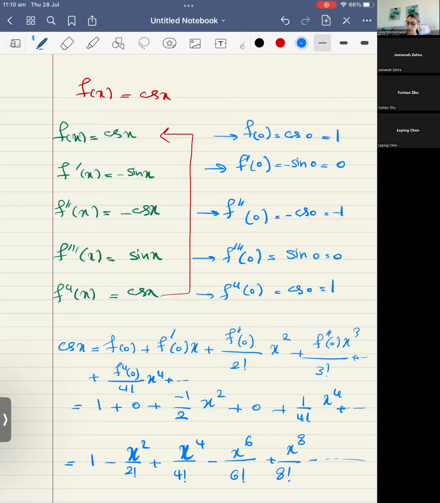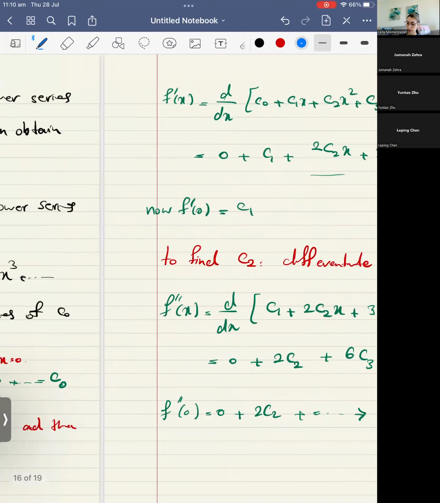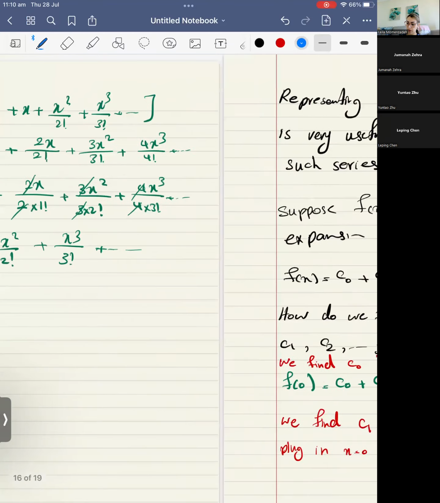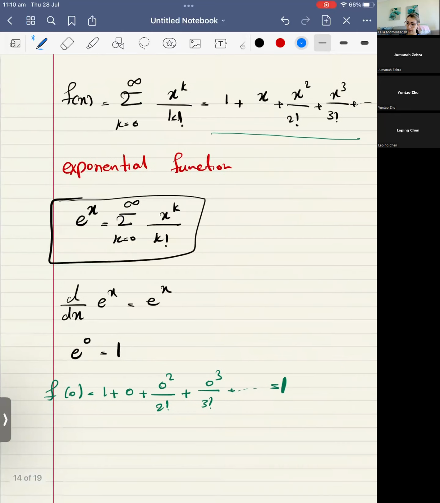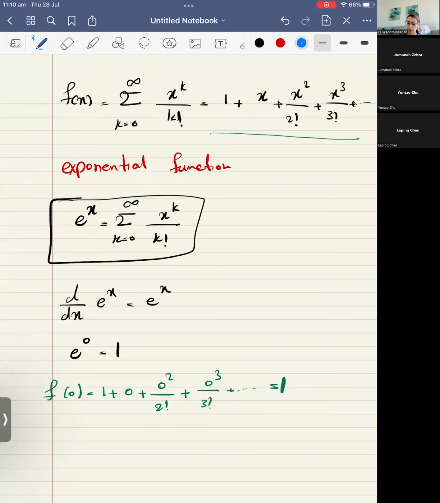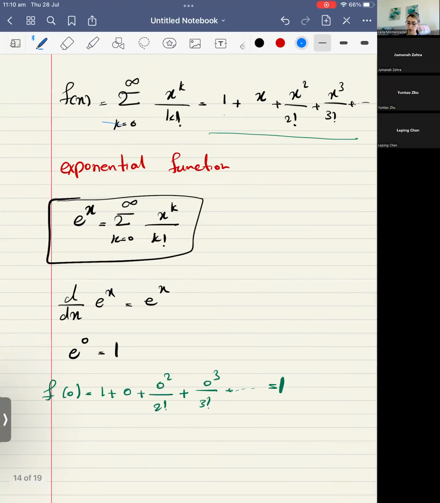Now you had before, let me show you, e power x. You have it before, e power x equal 1 plus x squared over 2 factorial.